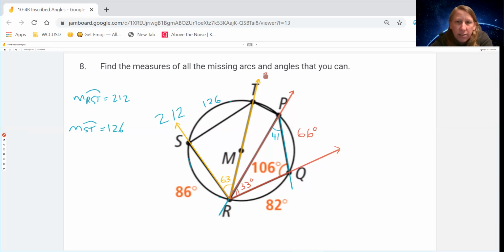I like subtracting, so I'm going to do 360 minus 66 minus 82 minus 86 minus 126. Let's see if I did that right. That's a 0.